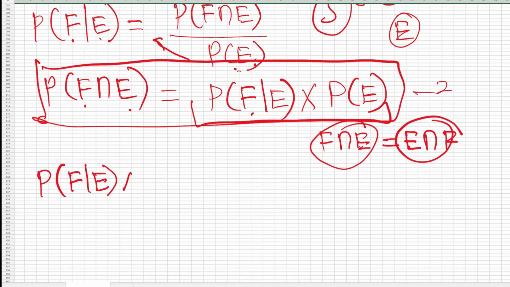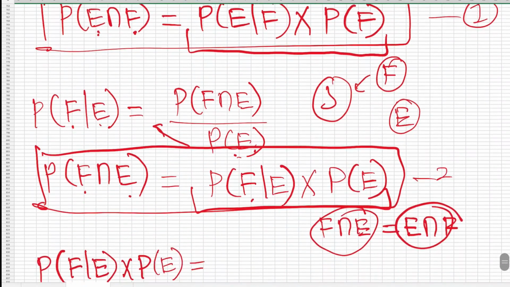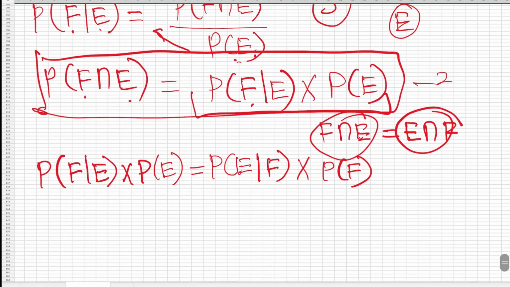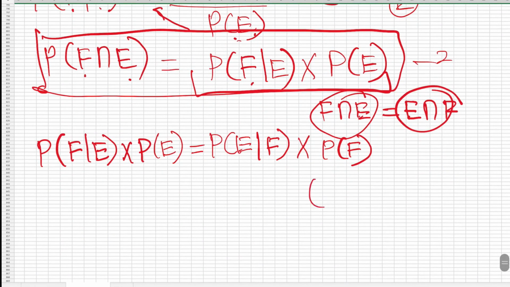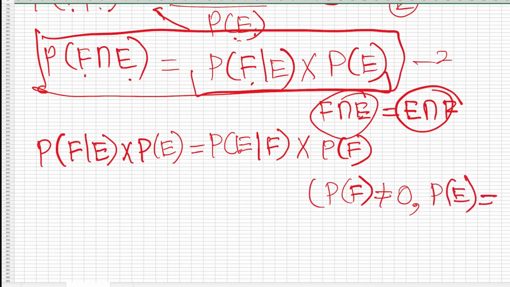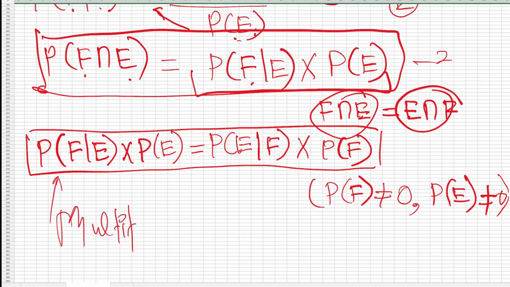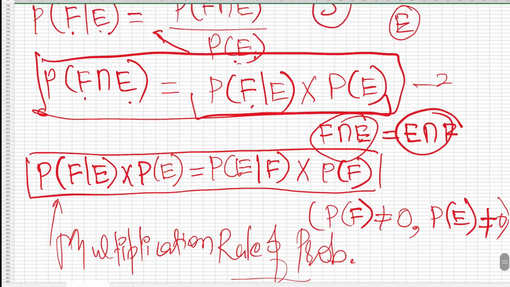We have P(F given E) multiplied by P(E) equals P(E given F) multiplied by P(F), given that P(F) is not 0 as well as P(E) is not 0.